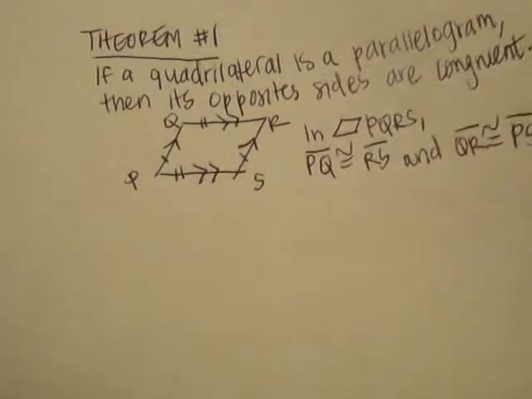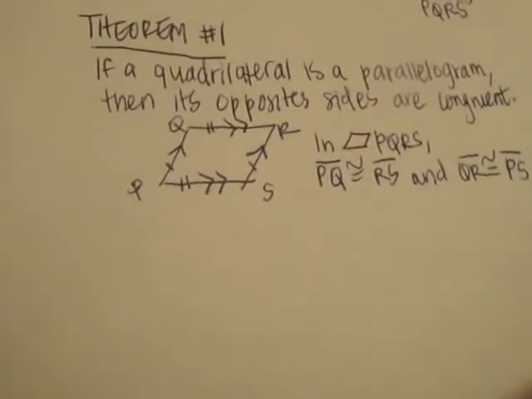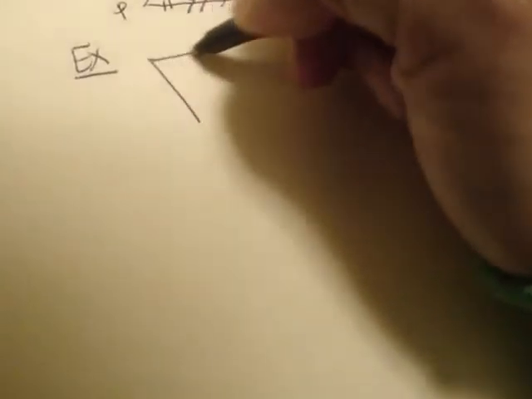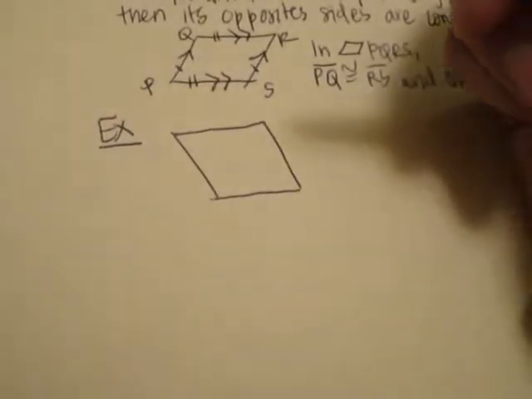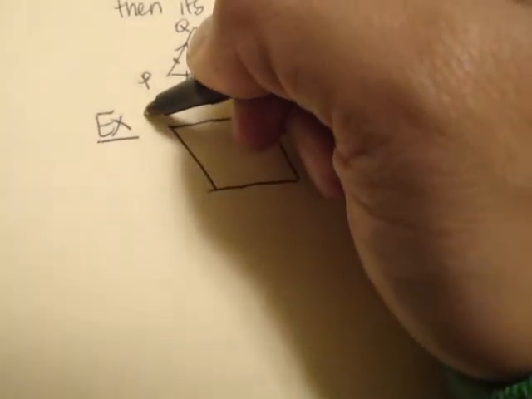So, an example. We have a parallelogram, and yes, this could be drawn better, but it's not.